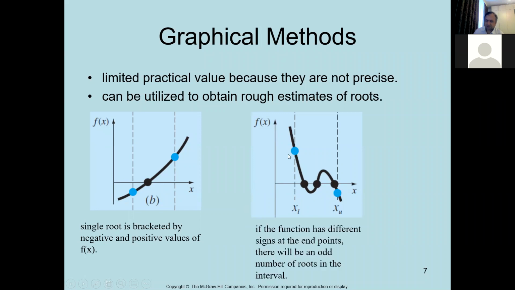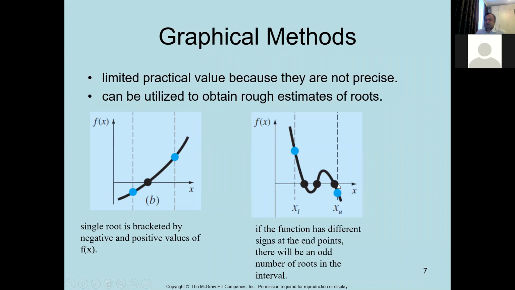Okay, so in this case, the function is changing value from positive to negative. But here you can see that the function is changing the value from positive to negative, but it has three roots in this case.